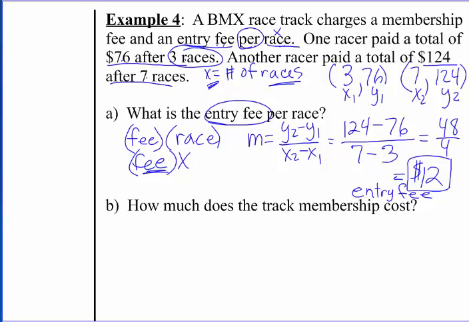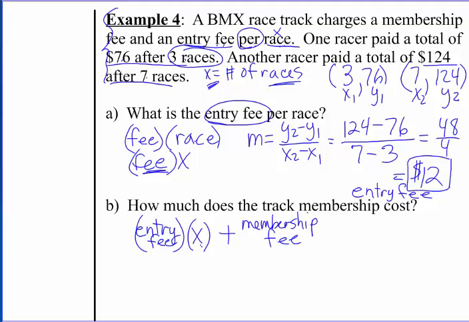Now we want to know, how much does the track membership cost? So let's do some translating of what we have up here again. So we have an entry fee per race. That was my x, because that's the per race part. So this is the races. And then we're adding an additional membership fee.